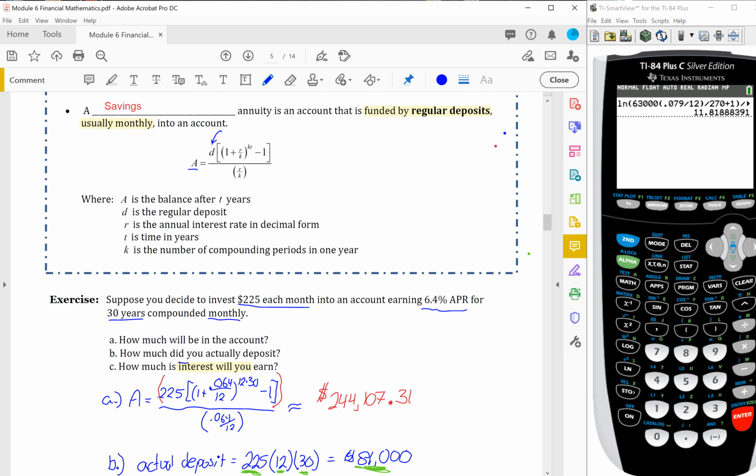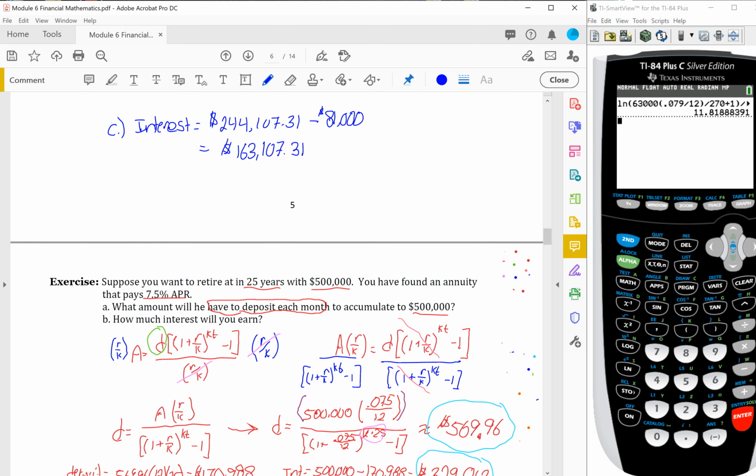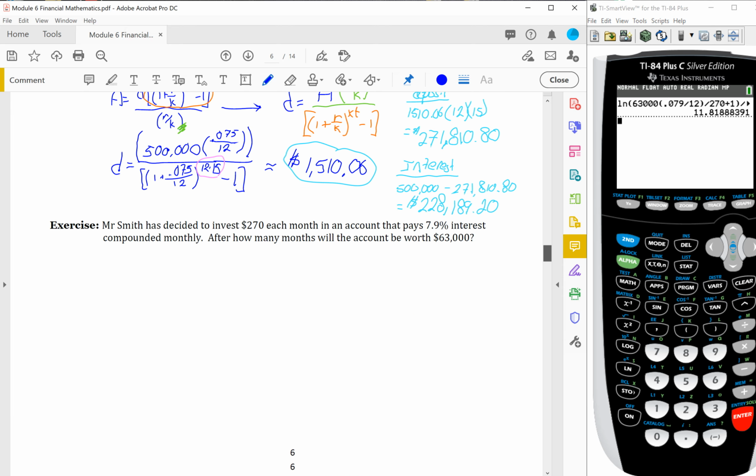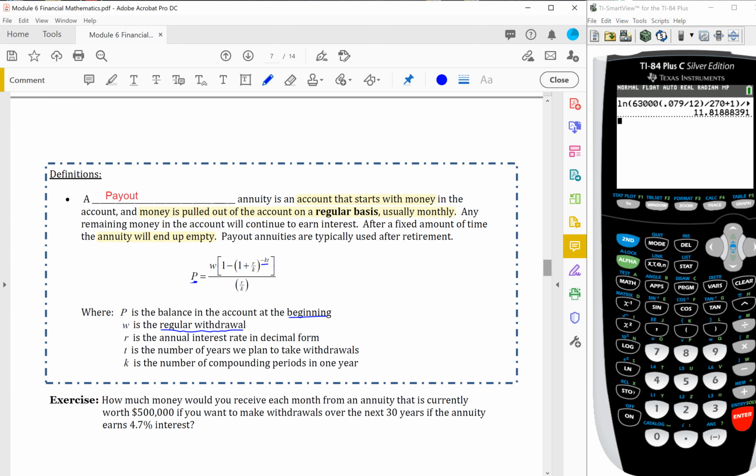If you're in a savings annuity, you're saving, your account is growing over time, you have a positive exponent. Also notice the other difference is your parentheses expression minus 1. While if you're in a payout annuity, now it's 1 minus, the order has changed, and now you have this negative exponent.